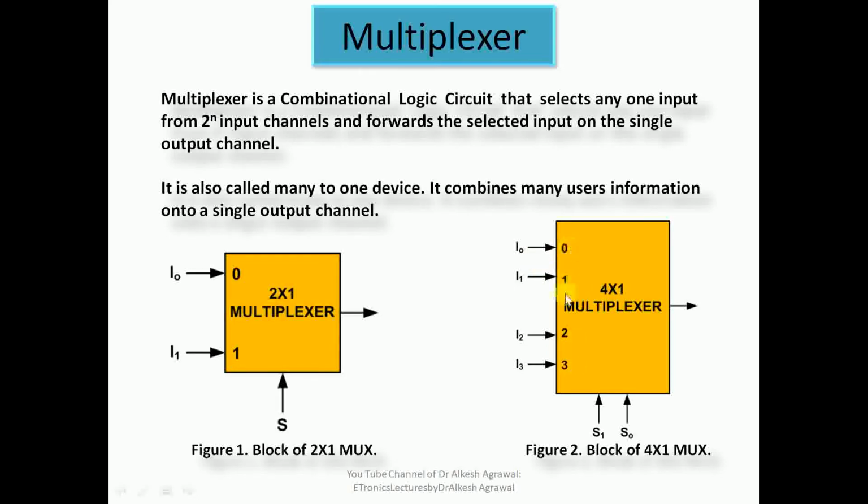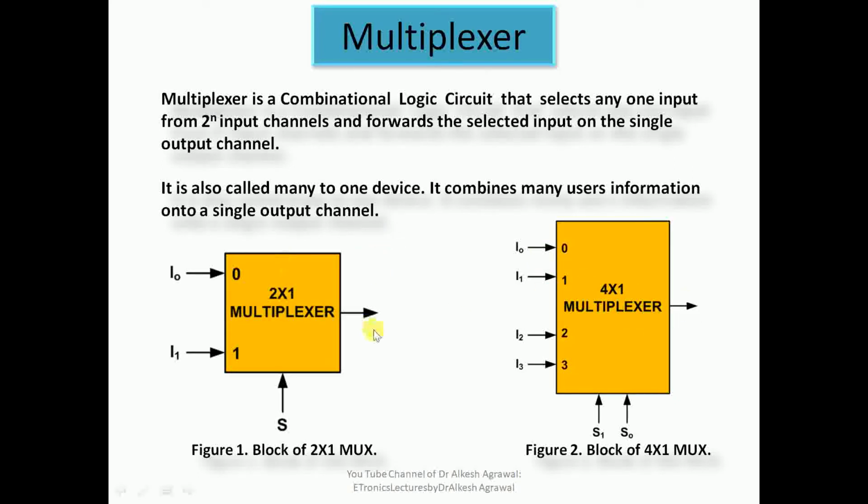The power value gives the number of selection inputs. So here 4 is 2 power 2, so the number of selection inputs is 2. Here the power of 2 is 1, so the number of selection inputs is 1. If we have 8 cross 1, 8 can be written as 2 power 3, so the number of selection inputs will be 3, the number of input channels will be 8, and we have an 8 cross 1 multiplexer.